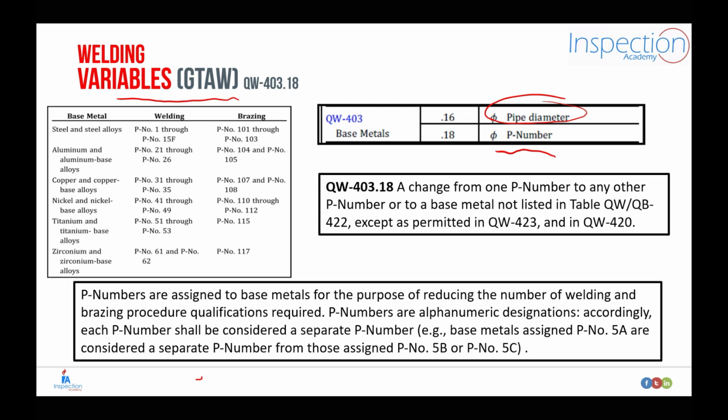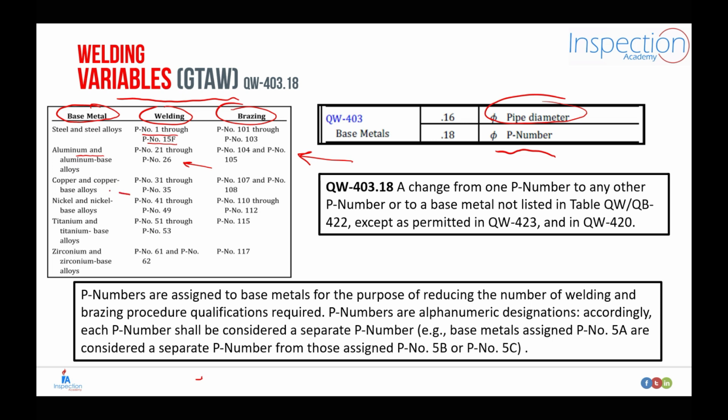As we can see right here, we have a table consisting of 3 rows: one for the base metal, one for welding, and one for brazing. Today we will focus on welding instead of brazing. For steel and steel alloys, we have P number 1 through P number 15F. For aluminum and aluminum base alloys, P number 21 through 26.